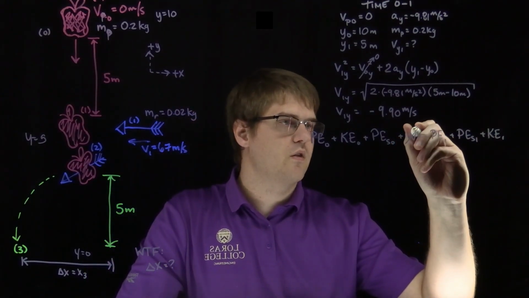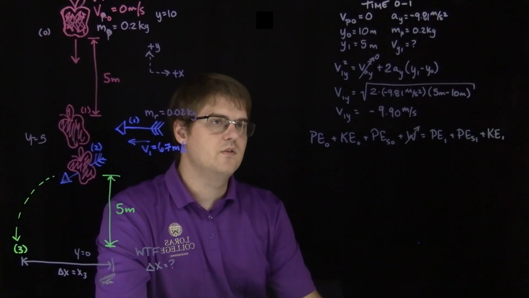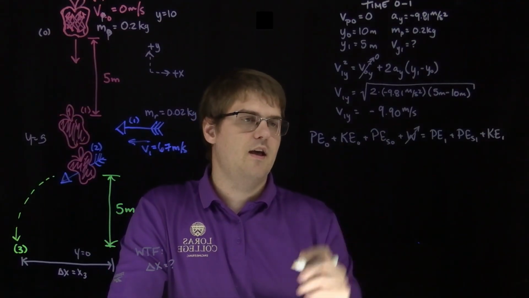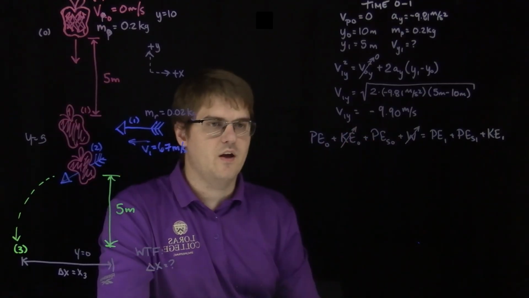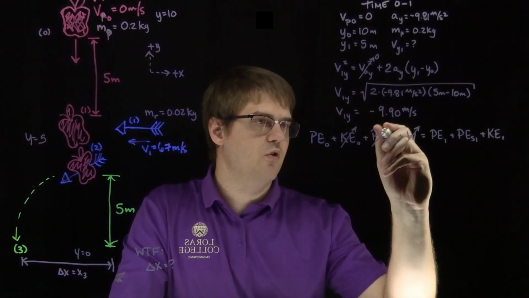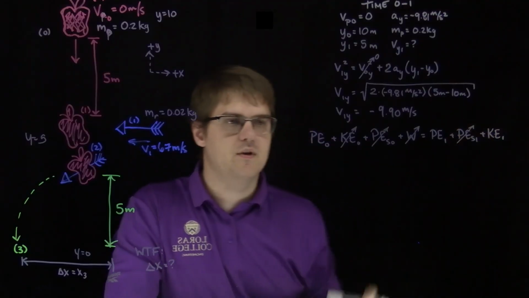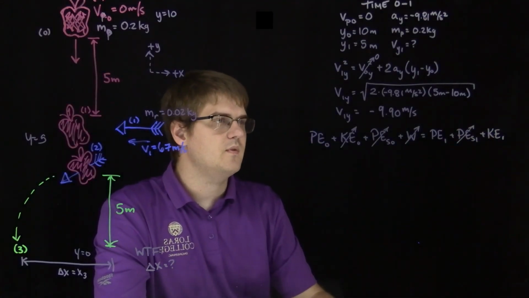I've got no work being talked about between these things. My kinetic energy is going to be 0 at time 0 because I've got no movement. I have no springs at all in this problem, so I probably didn't even need to write that down.